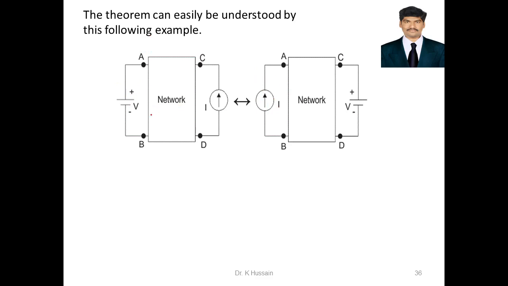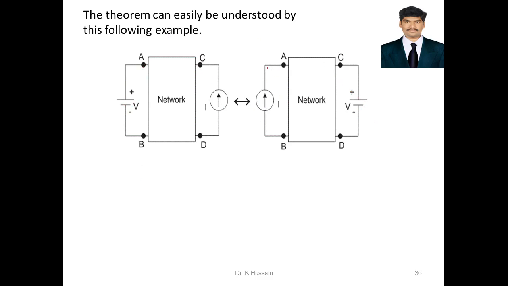That is the meaning, because here the voltage source is between A and B. After finding the current in the circuit, we move the source from terminals A and B to terminals C and D. After shifting, again find the current here only.